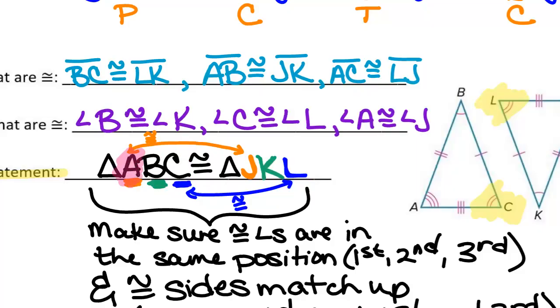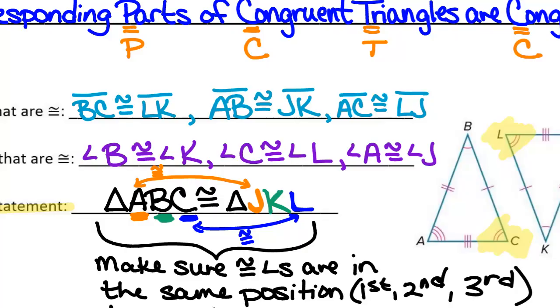Or we look at the first and third letter. That's AC. And the first and third letter here, that's JL. Here's AC and JL. Those are corresponding congruent sides. So first two letters and first two letters need to be congruent. Second two letters and second two letters. And then first and third, first and third.